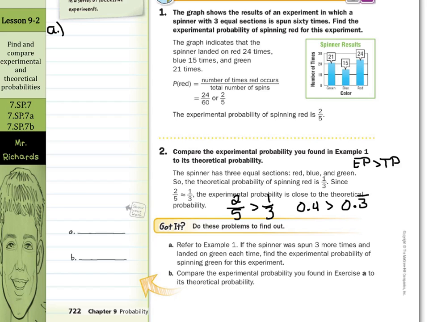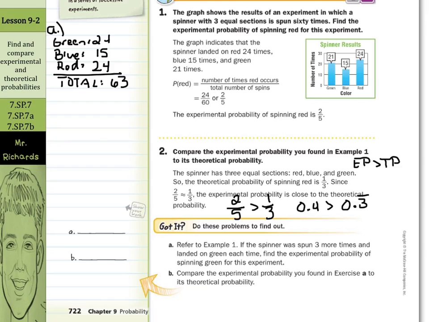For green, this would have occurred now 3 more times, so 24 times. Blue was still at 15, and red is still at 24, which gets us a total now. We had 60. We added 3 more spins, so our total spins now is 63.